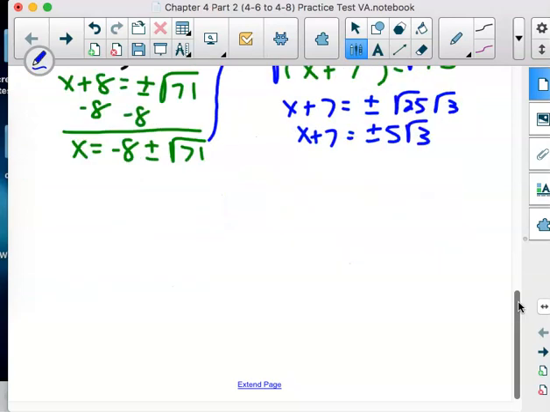Can we put them together? No. Of course not. One has a square root of 3 and the other one doesn't. Those are not like terms.